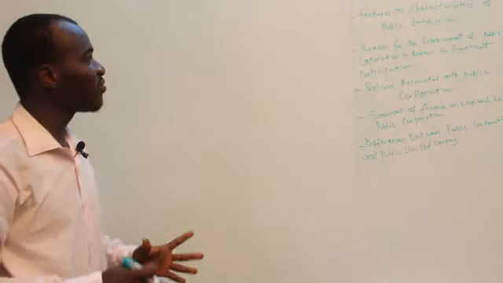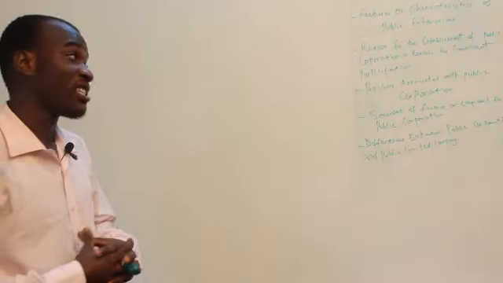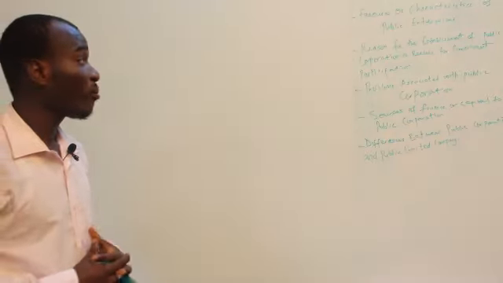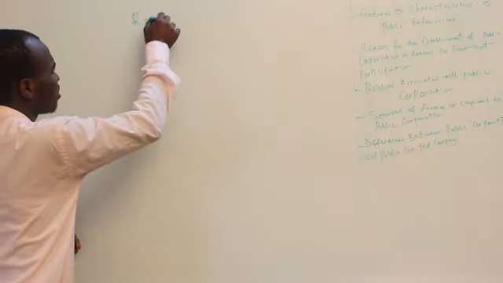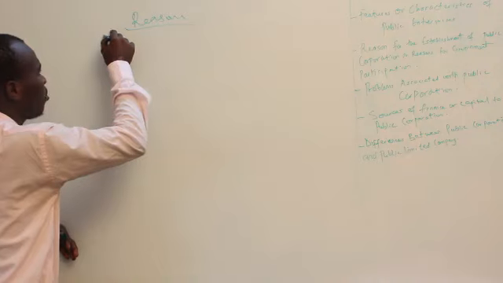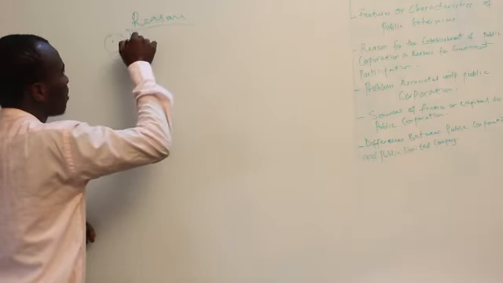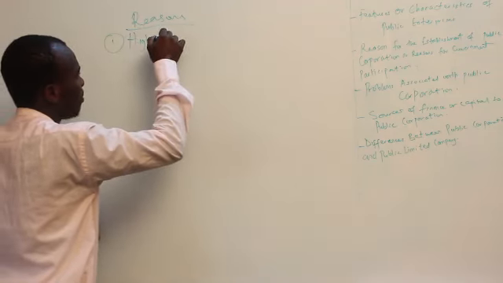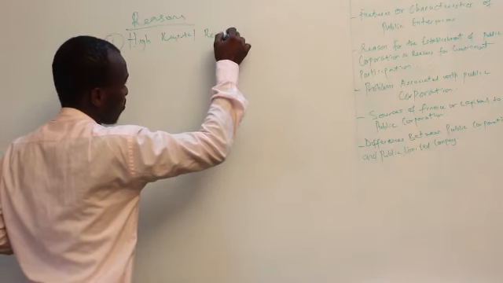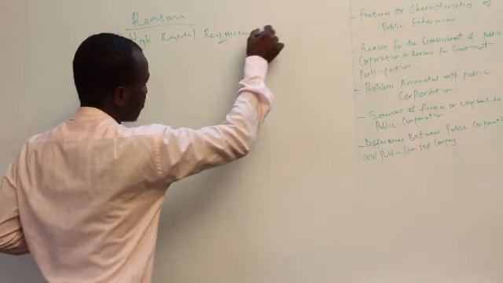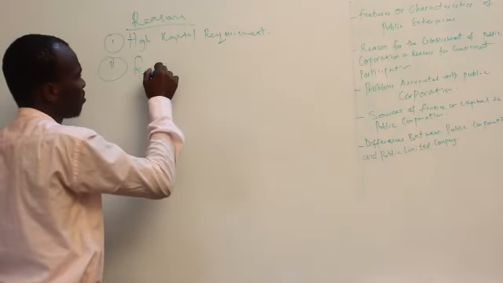So we have the reasons for the establishment of public corporations, or reasons for government participation in public enterprise. Now let's look at the reasons on the following basis. Number one reason is large capital requirements, or high capital requirements. Number two is revenue generation.